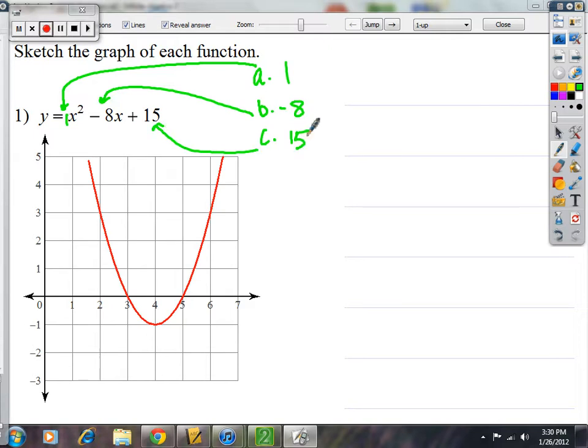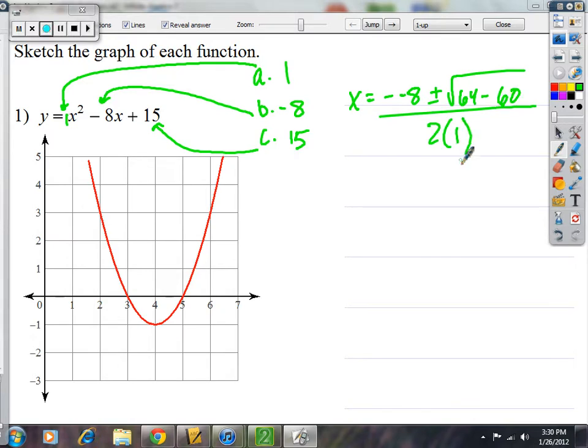Now, let's plug it in. x equals negative b plus or minus the square root of b squared, that's going to be 64, minus 4 times a times c, that's going to be 60, all divided by 2 times a. So what we're talking about with the discriminant is this. The discriminant is going to be this guy right under here.